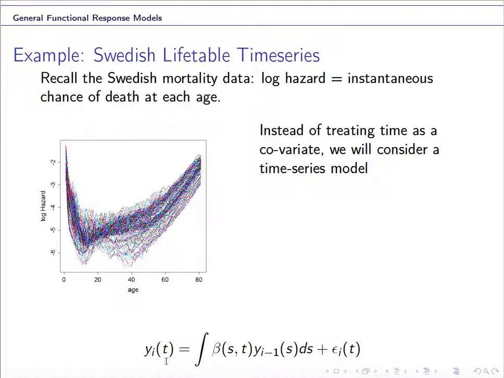We come up with a model similar to a time series model. Here i is the index for the year. Y_i(t) is the log hazard in the ith year, and y_{i-1} is the log hazard in the (i-1)th year. We will see how the log hazard in year i depends on the log hazard in year i-1.